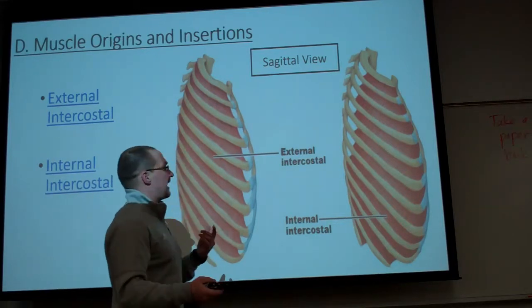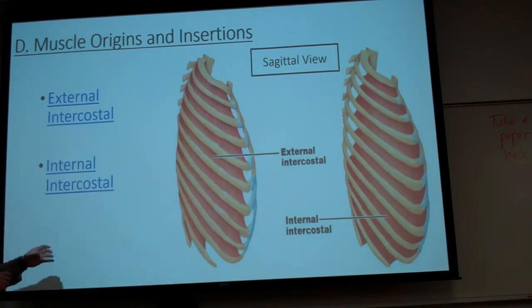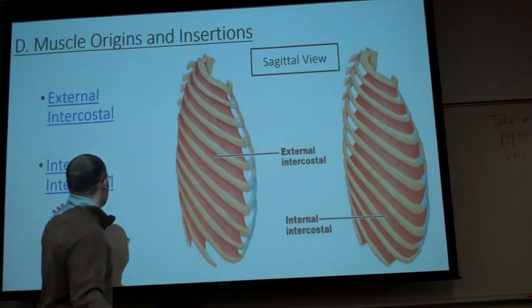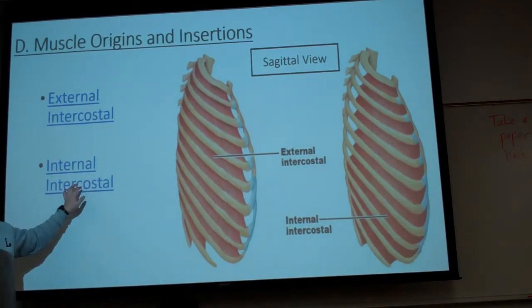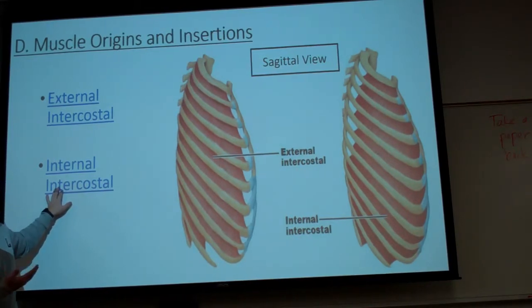Now their actions are the opposite of what's named. So I'm thinking intercostal starts with the letter I. You would think it would be inspiration, but no. Internal intercostals, they do forced expiration. So they do the opposite of what you would think.